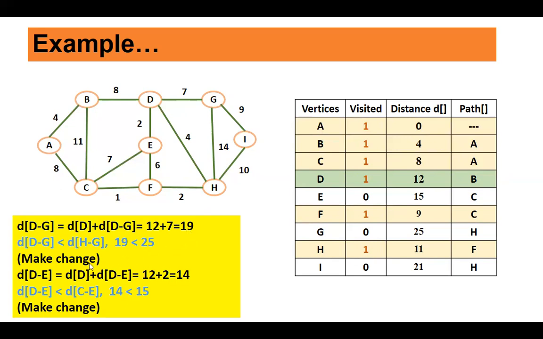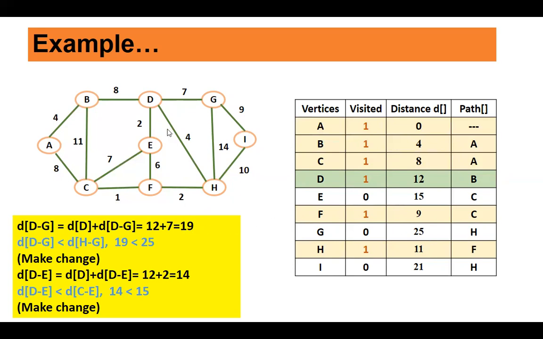So you'll make a change. This 25 will be replaced by 19 and the path in front of G, H, will become D. You'll make a change in the G vertex. The distance will be 19 and the path will be D instead of H, because from 25 it is reduced to 19.